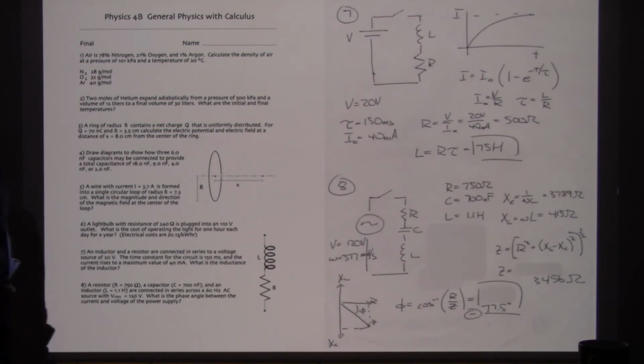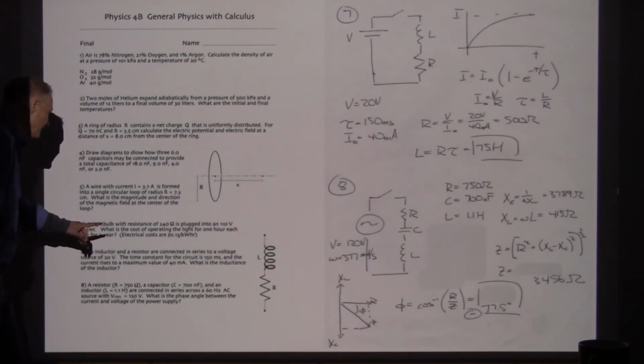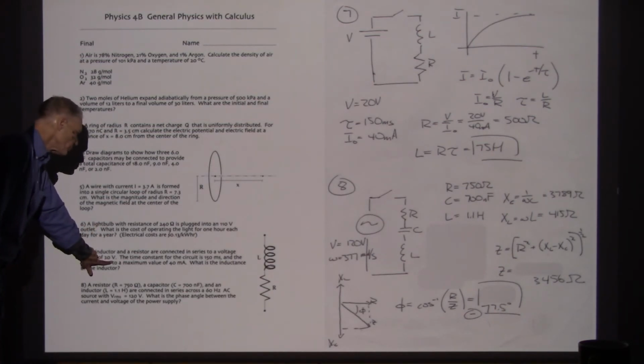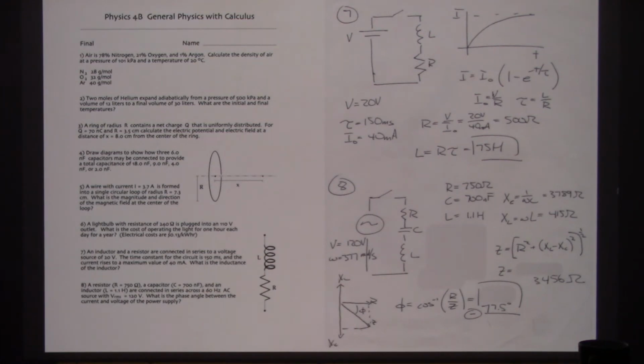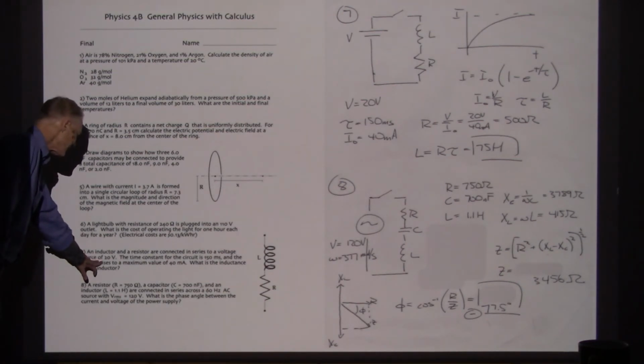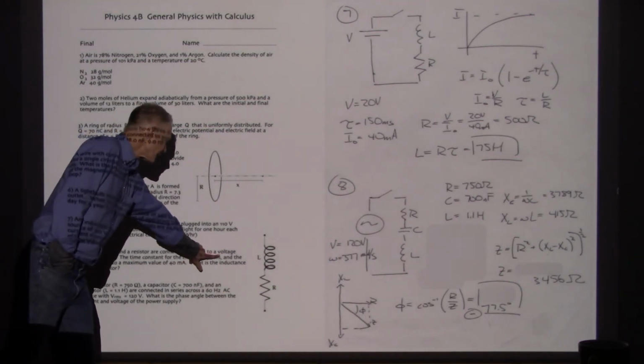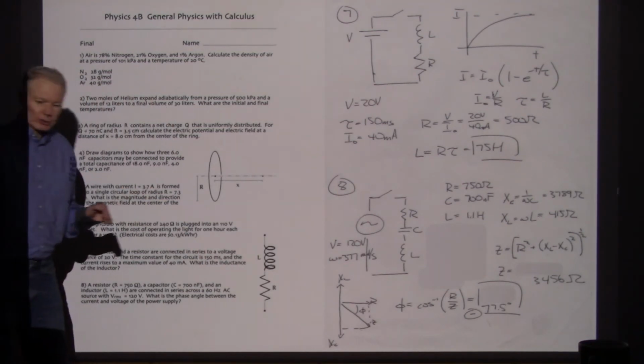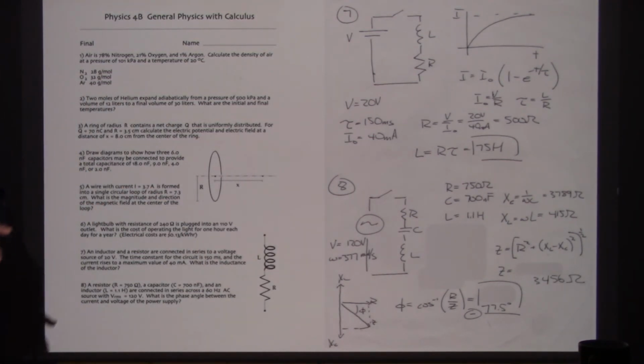Now, in this problem, it says that it's connected to a voltage source of 20 volts. It doesn't say anything about a frequency, does not say it's alternating. I'm guessing this is suggesting that it's a DC voltage source, so a battery, a 20 volt battery, for example.